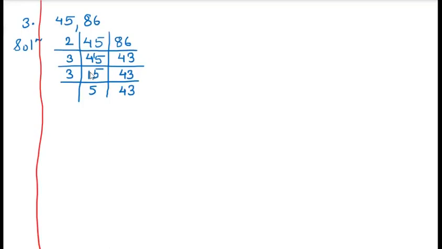See students, in this sum we have just got the LCM. We will write it down because they have asked us the LCM. The numbers in the first column and the last row we are going to write and multiply them. So they are 2 multiplied by 3 multiplied by 3 multiplied by 5 multiplied by 43.